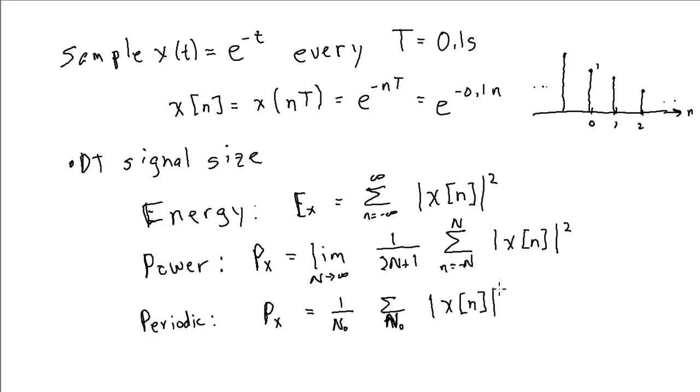So this is usually the formula we use anytime we encounter a periodic signal, again, where N0 is the period. And we'll see some examples of discrete time periodic sequences or signals in subsequent lectures.